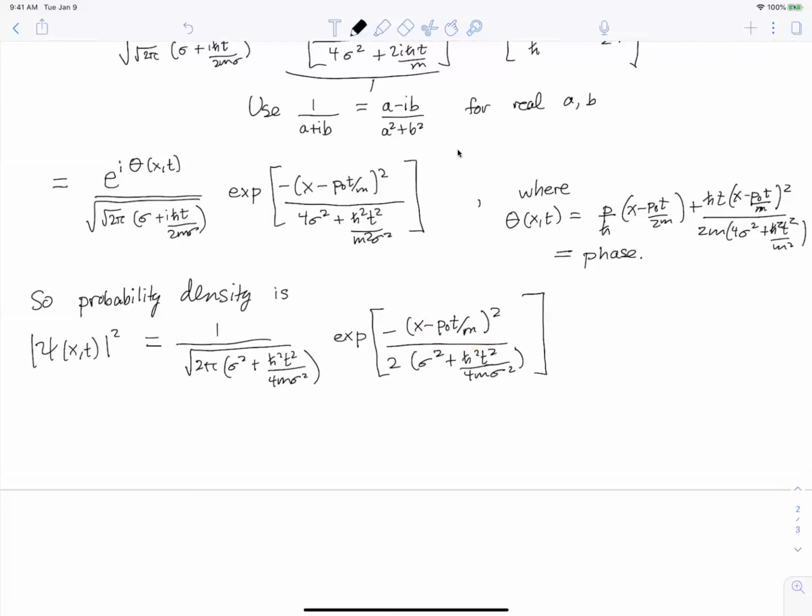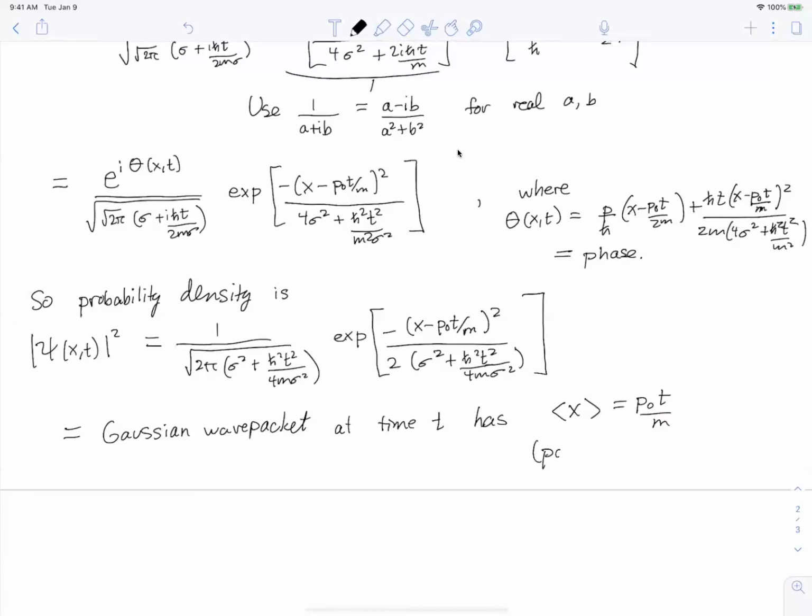Okay, and so this is the Gaussian wave packet at time t. And it now has expectation value of position equals the momentum times time over mass. That's classically what you would expect for a particle moving to the right.